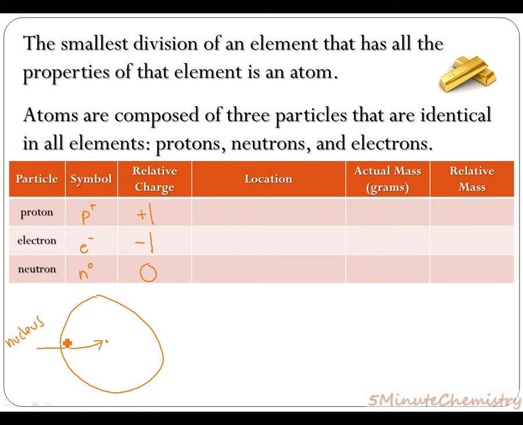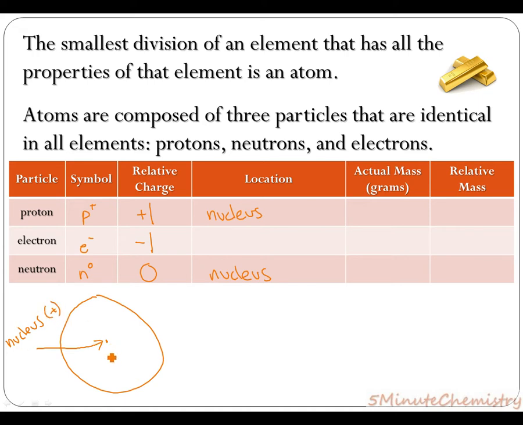Okay, the nucleus is where we have our proton. So the protons are found in the nucleus, as well as the neutrons. So the nucleus, location of protons and neutrons, is a positively charged center of the atom.